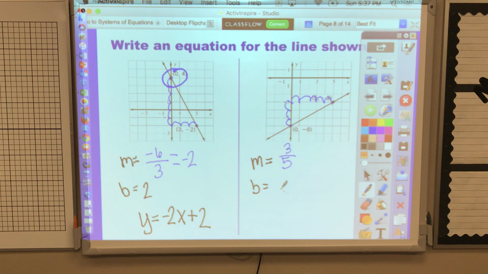And my b, the point on the y-intercept, this one right here, 0 and that number, which is -6. And now I'm ready to write my equation. So we have y equals m, which is 3/5, x, plus b, but this time b is negative, so it's -6. And there's my slope-intercept form equation from a graph.